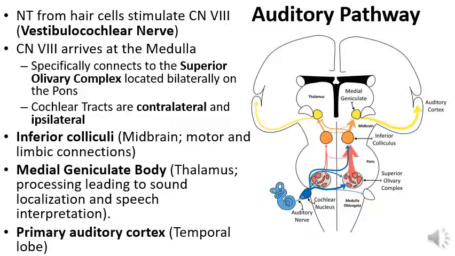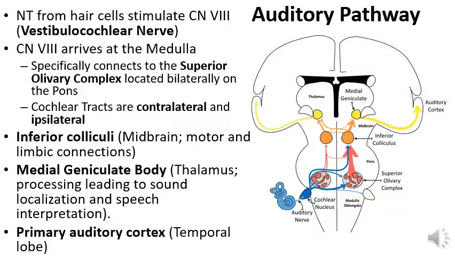So, in summary, sensory information coming from the hair cells in the organ of Corti, located in the right ear, in the right cochlea, and in the left ear, in the left cochlea, are going to be sending those sensory impulses into the brain via the vestibulocochlear nerve, also known as the auditory nerve, also known as the acoustic nerve, also known as cranial nerve number 8.